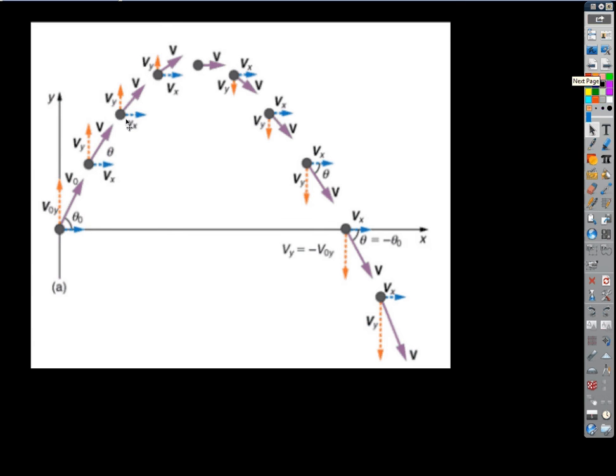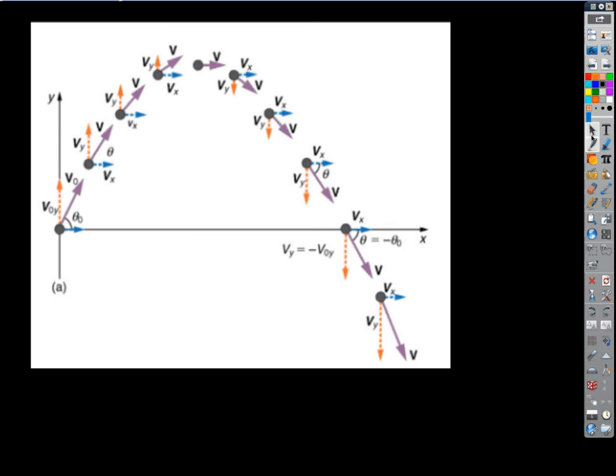At some point, we're going to be at about a 45 up here, right, where the vertical component has diminished a little bit and the horizontal component stays the same, but they're the same, right, at that point. So we get a 45-degree angle for our velocity vector. At the very top, the vertical one's gone away, and so the velocity vector is horizontal to the right. We see that, and then we're just going to reverse that process, right?